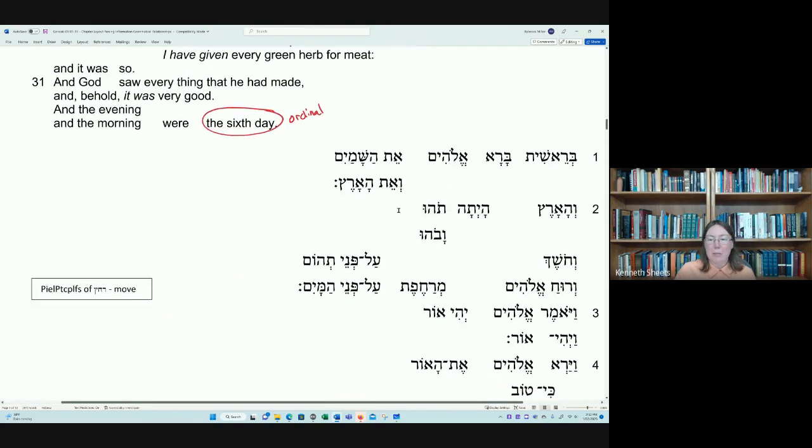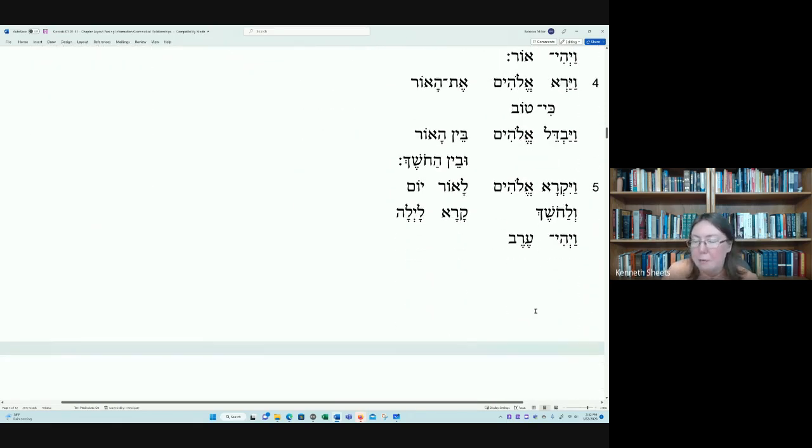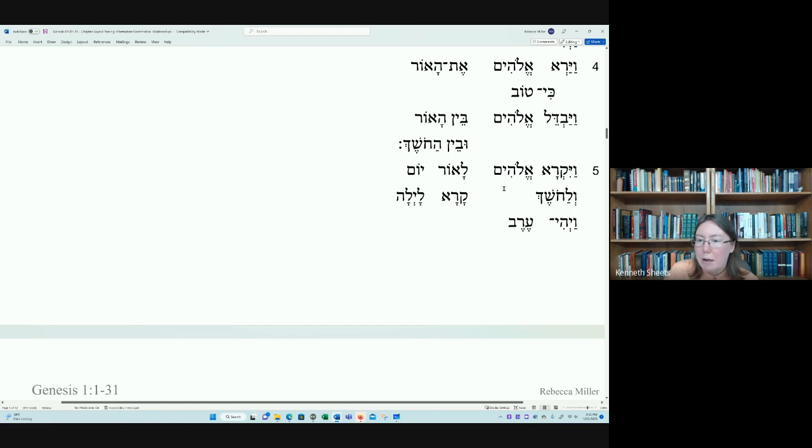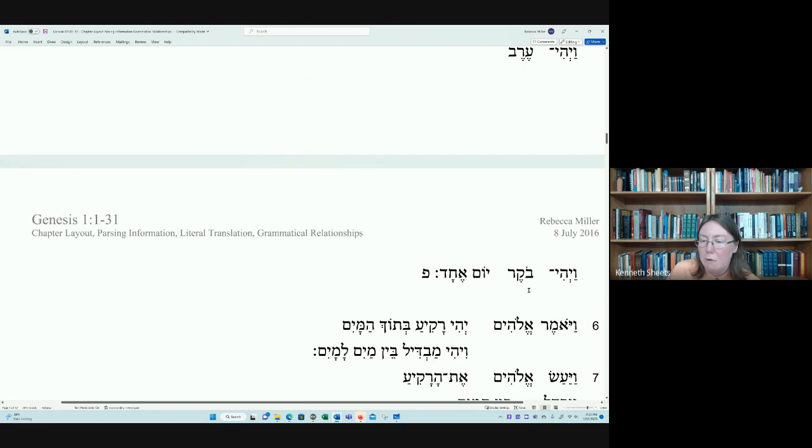But let's take a look at the Hebrew text. You can see this right here. Vayikra Elohim la'or yom, v'lachoshek kara laila, vayihi erev, so then existed evening. Vayihi voker, then existed morning. Yom echad. Well, we saw echad.